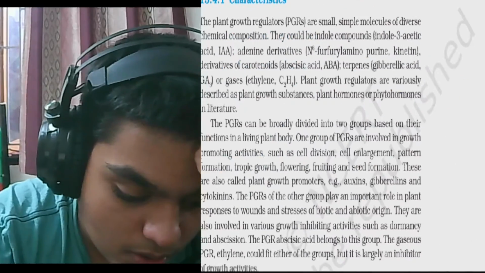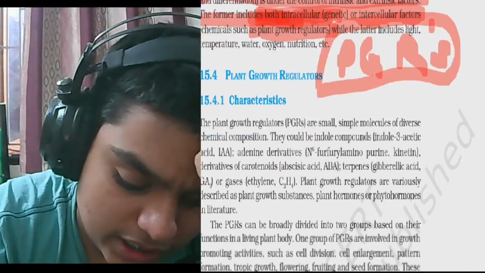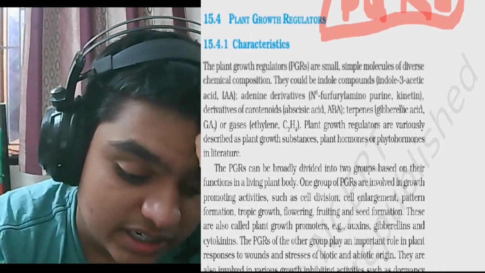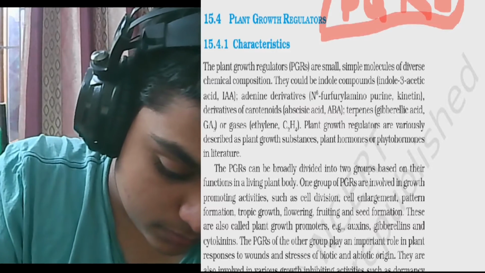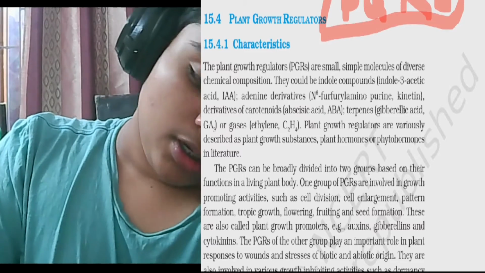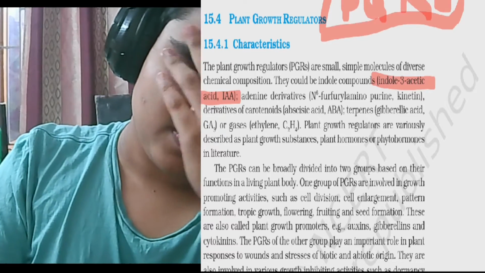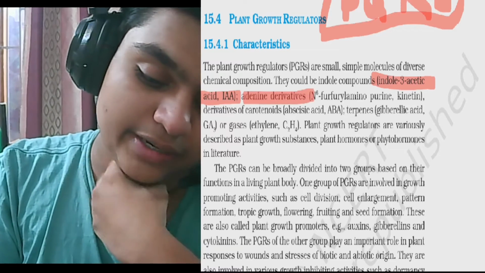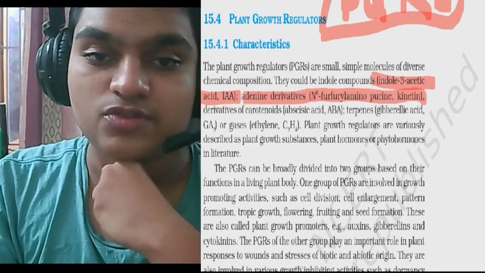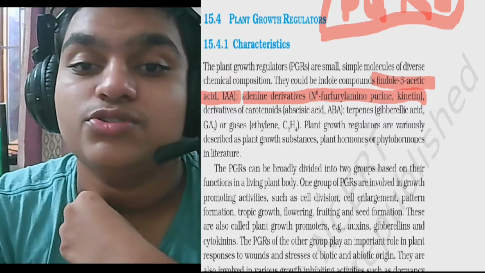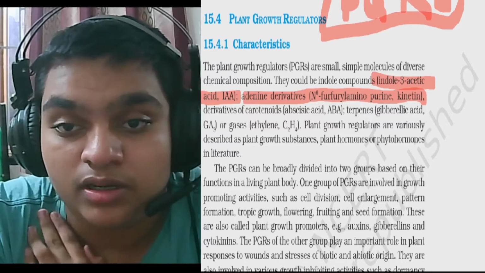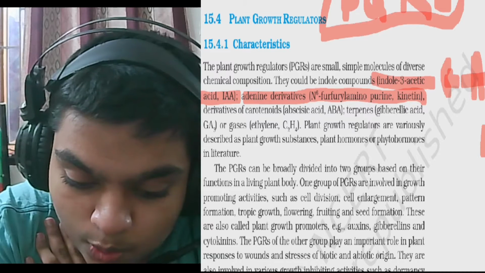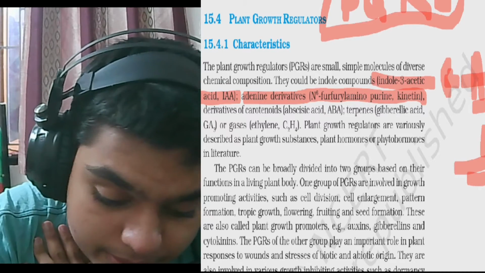Now without any further ado, let's directly dive into the discovery. Before that, let's see the derivatives. Auxins are derivatives of indole 3 acetic acid, also called IAA.